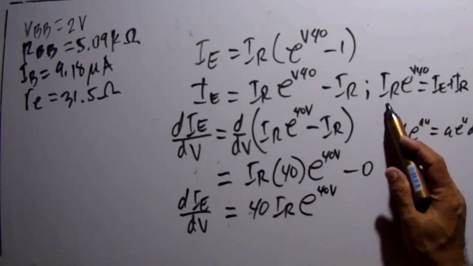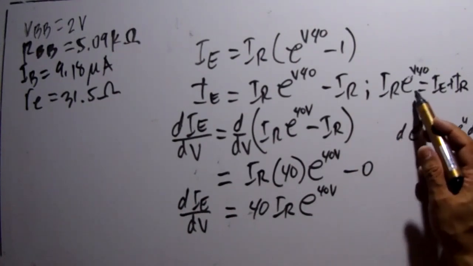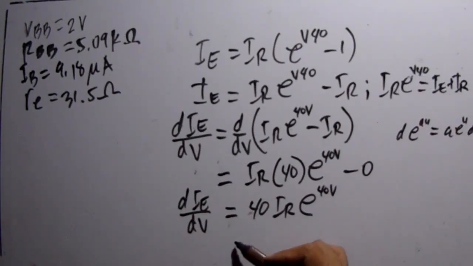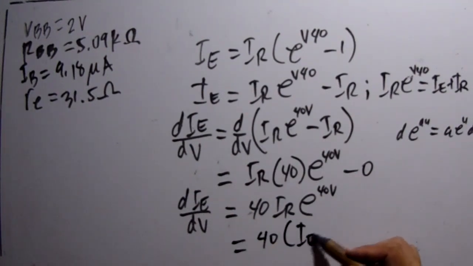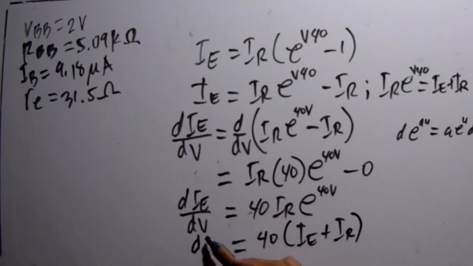Since IR multiplied by e raised to 40V is equal to IE plus IR, you can simplify this as 40 times the quantity IE plus IR. This is our dIE over dV.